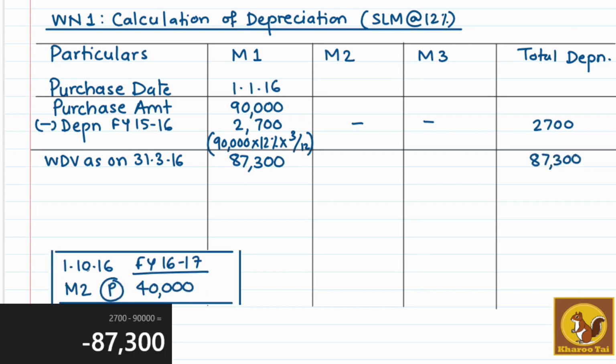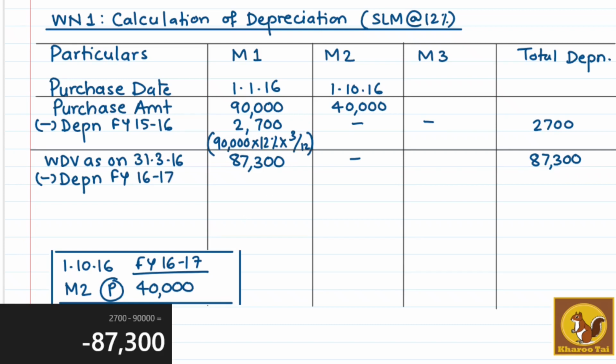In the second year, we have purchased another machinery, machine 2, for 40,000 on 1st October 16. So there was no opening balance; during the year, we purchased the machinery. The depreciation will be for financial year 16-17.